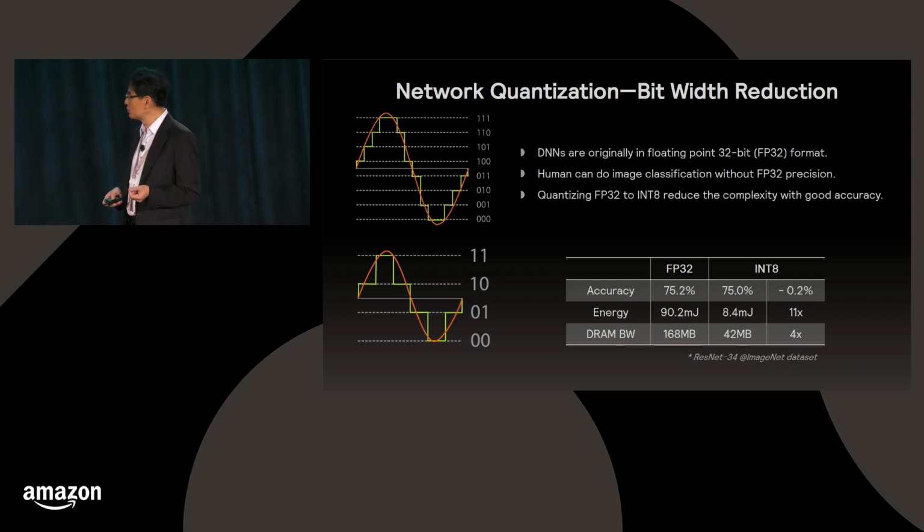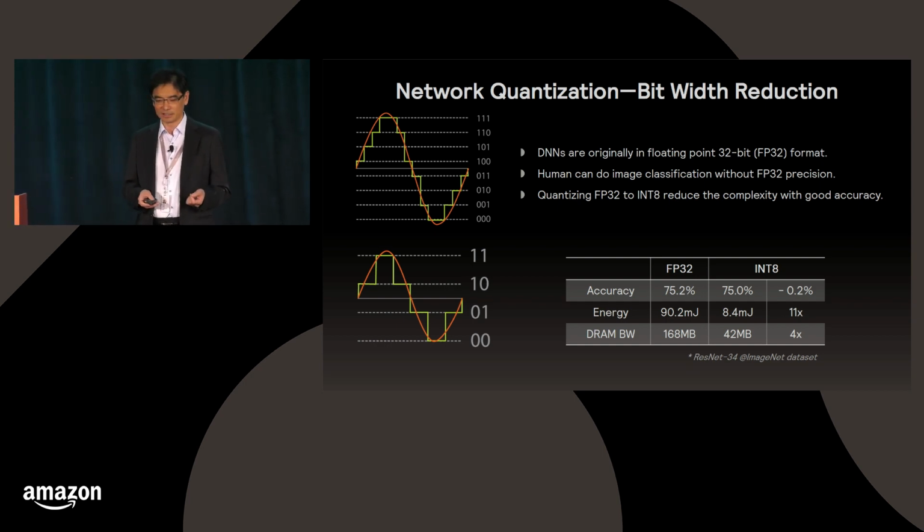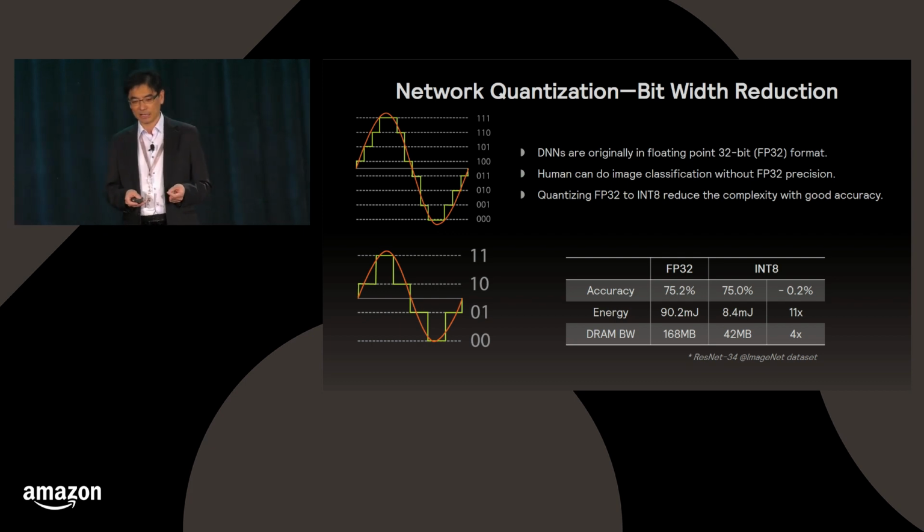This is the result we got, taking ResNet as an example. Comparing integer 8 with floating 32-bit, the energy is reduced by 11 times, and the memory is reduced by 4 times.